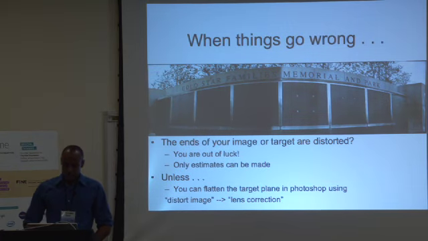Also, if the target that you're taking a picture of is distorted or angled in some way, actually just by the software itself or by your photos, there might be quite a bit of distortion in the image. And so again, the best you can do is estimate.